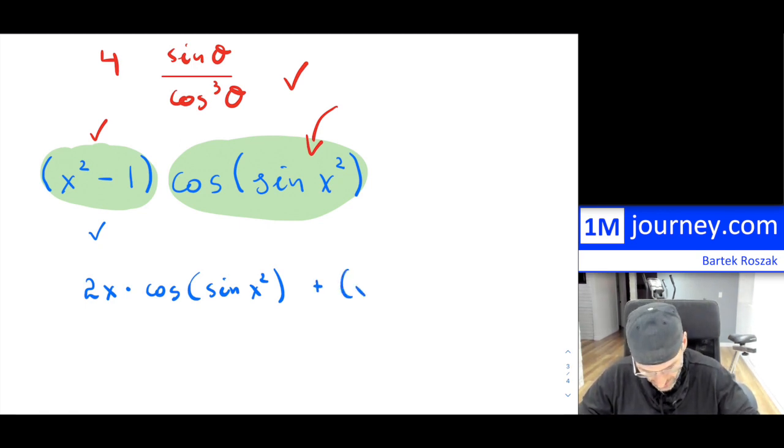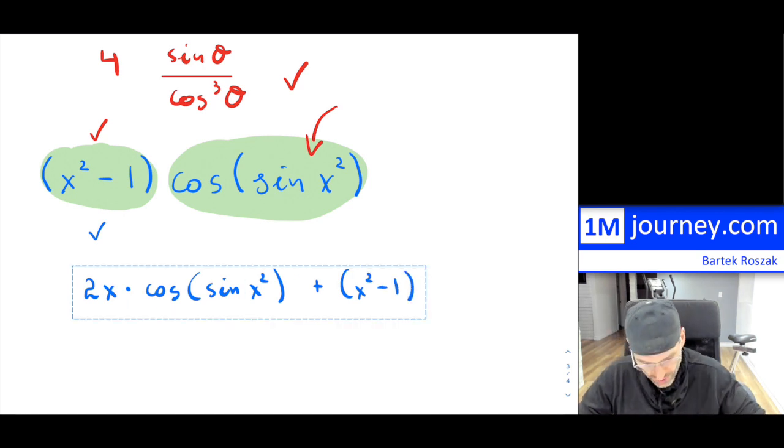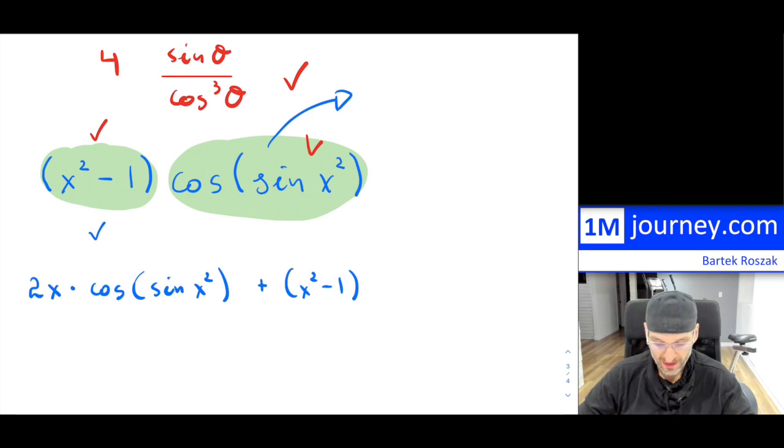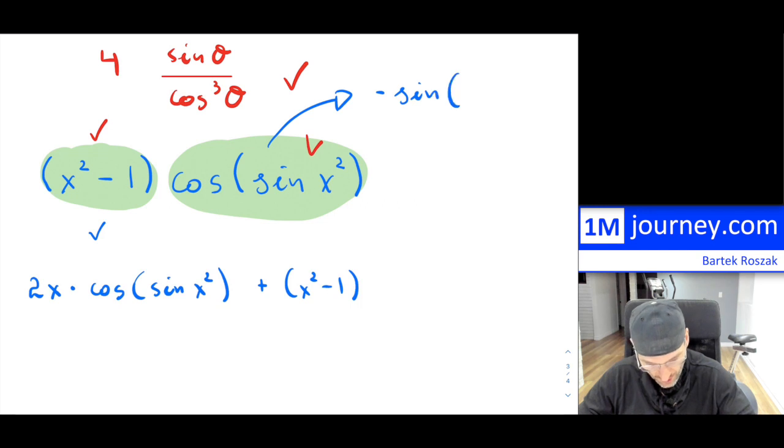Now I'm going to have this x squared minus 1. And this is where the trick comes in. So once you do this, now I have to take the derivative of all of this junk right here. So what's the derivative of all of that? Okay, so I'll do it up there on top. The derivative of cos is negative sine. So negative sine of our argument. So notice I have a sine inside as well. That's sine x squared right there.